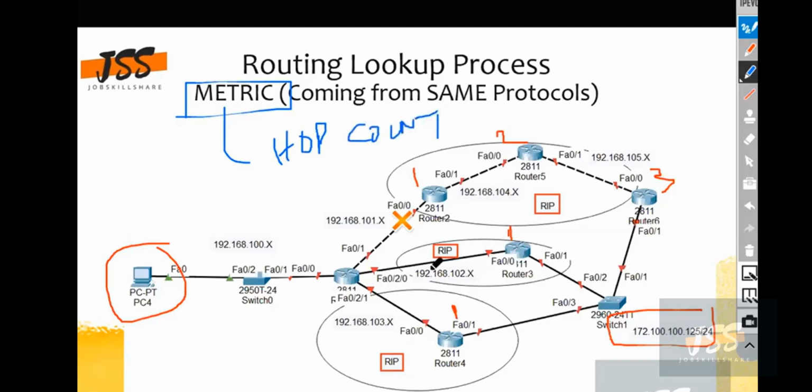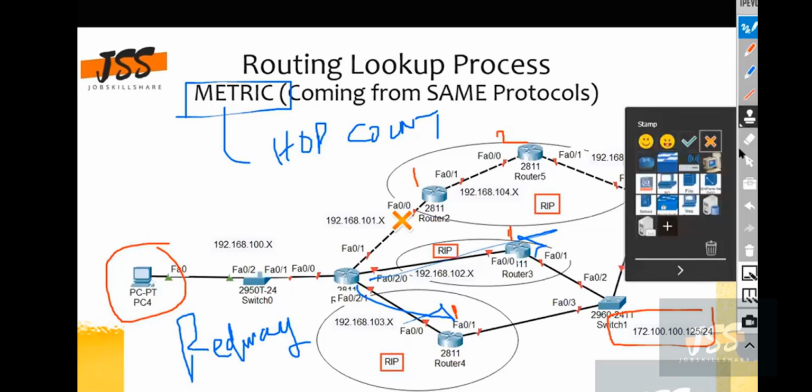You have to use the same concept, and we know it is a tie here. Then what will happen? Then we can choose either one. No, okay, no problem. We will choose both. Oh, okay. So this destination will be reachable via this as well as this, a redundancy. We have multiple paths.